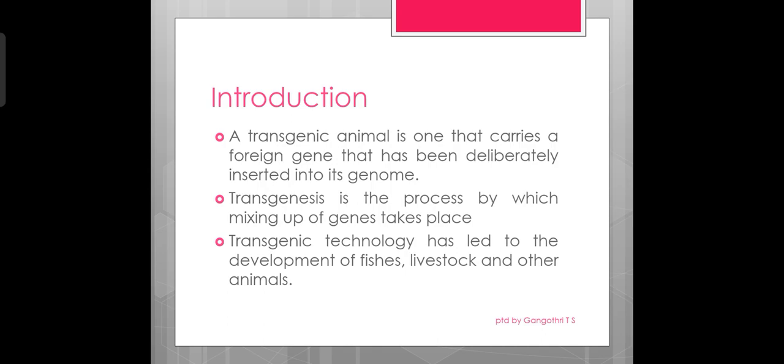Foreign genes are inserted into the germline of the animal so it can be transmitted to the progeny. Transgenic technology has led to the development of fishes, livestock and other animals with altered genetic profiles which are useful for mankind.